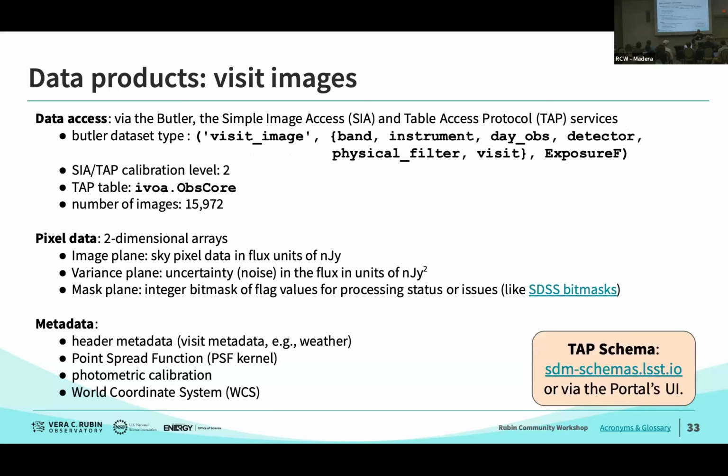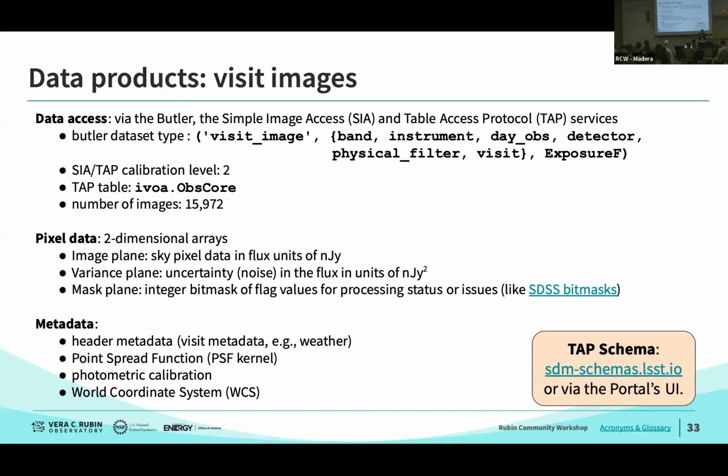Now for the actual data products, the visit images can be, like I said, accessed via the Butler, Simple Image Access, SIA, and the TAP service. It is generally recommended to access images using the Butler. And as you see here, it has a specific name, visit_image.